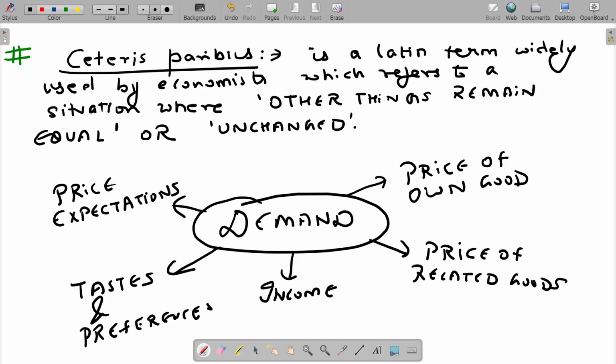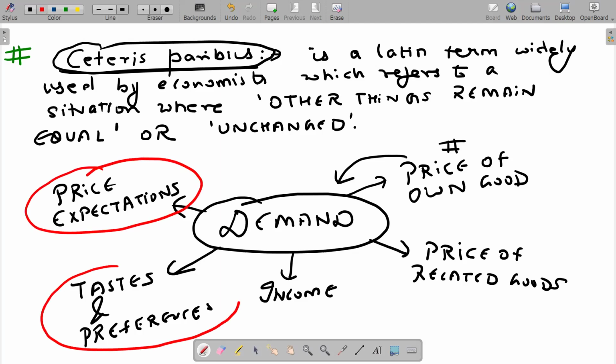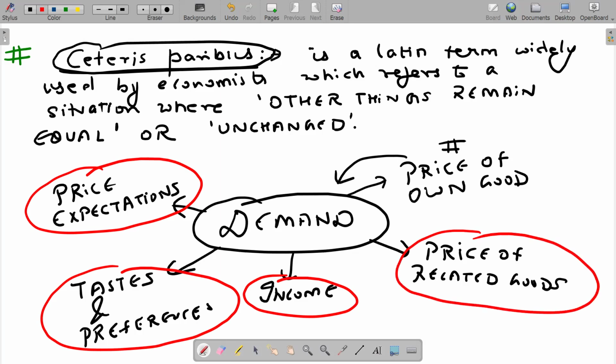When we make the assumption of ceteris paribus, suppose I want to look at the price of own good on demand, I am keeping price expectations, tastes and preferences, my income, price of related goods constant. And then I see, okay, when the price of the own good changes, how is my demand getting affected?